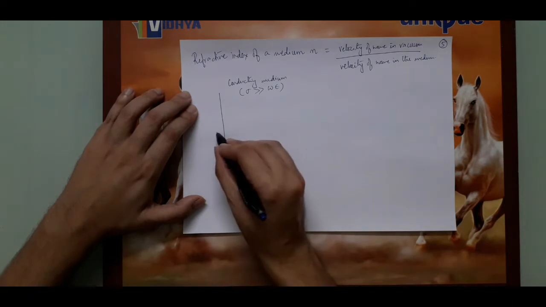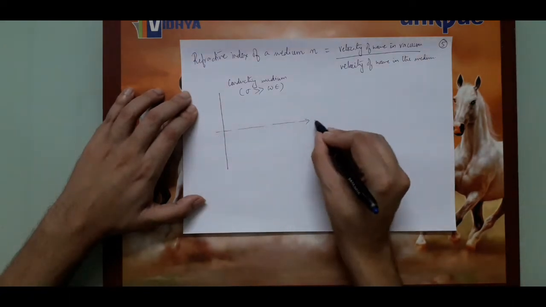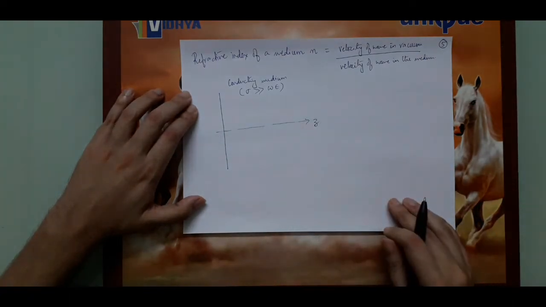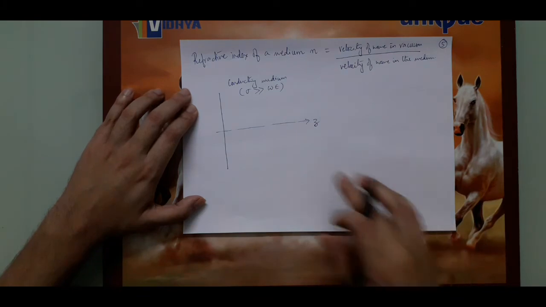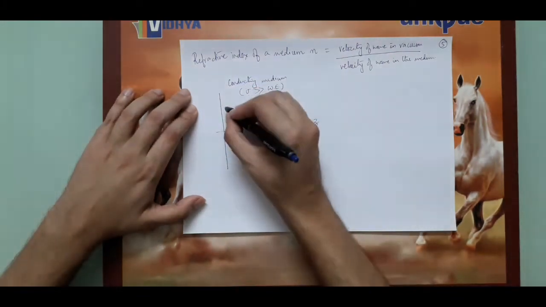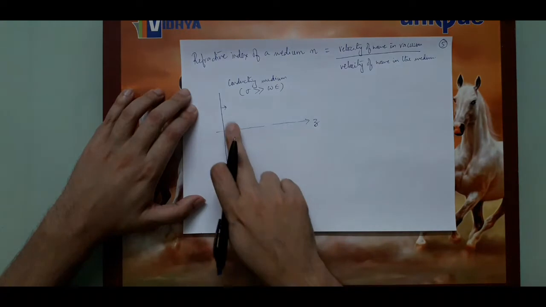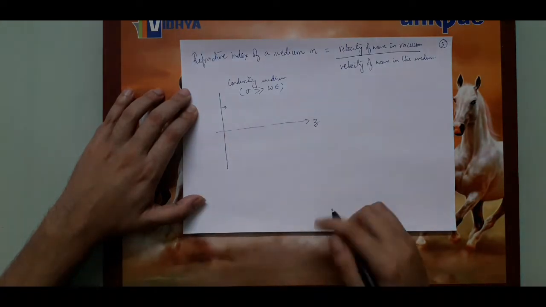We can define the positive z axis this way, and let us say that again the wave starts propagating this way. It has just come in and it is starting to propagate.